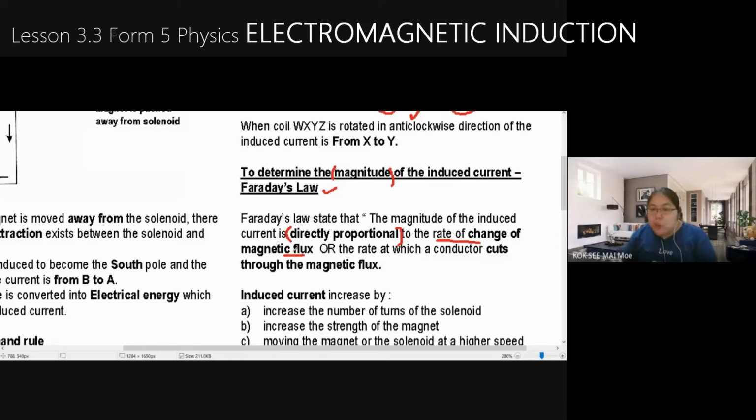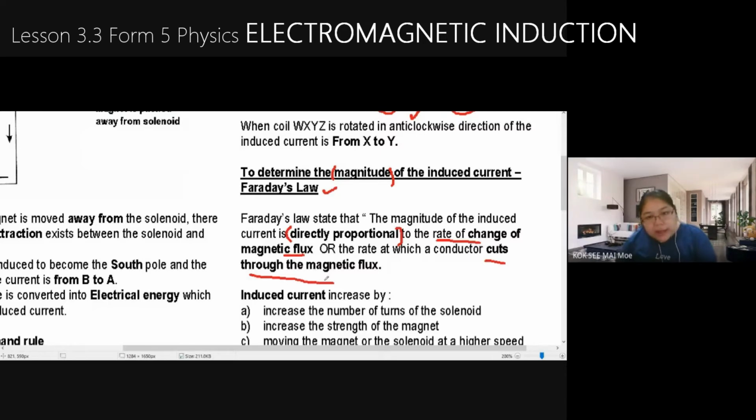If in 1 second you change more flux, that means you produce more induced current. Or you can say the rate at which the conductor cuts through the magnetic flux. Either you change the flux, or you use a conductor to cut the flux, that will also produce more induced current if faster. So that is the Faraday Law.